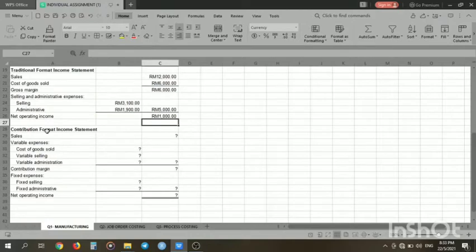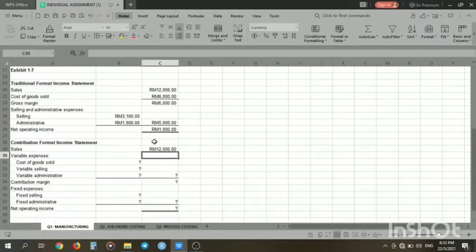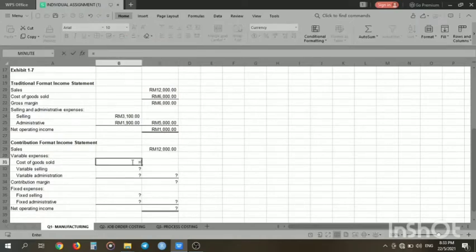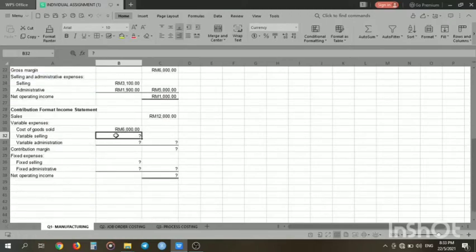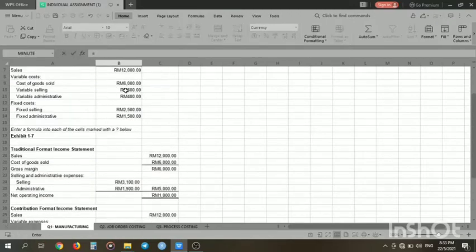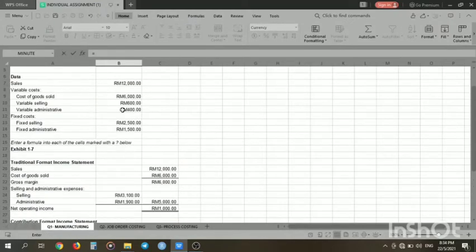For the contribution format income statement, sales should be 12,000 ringgit, whereas variable expenses are cost of goods sold 6,000 ringgit, variable selling 600 ringgit, and variable administration 400 ringgit.